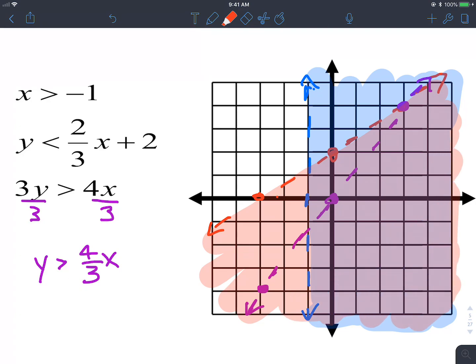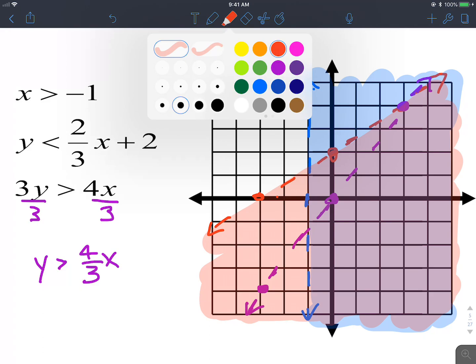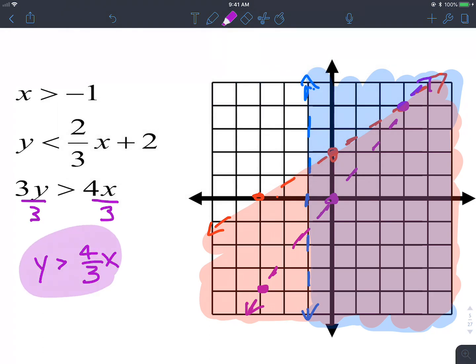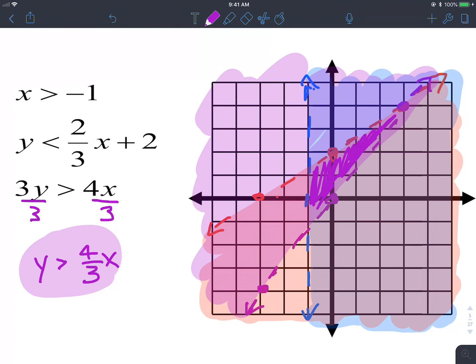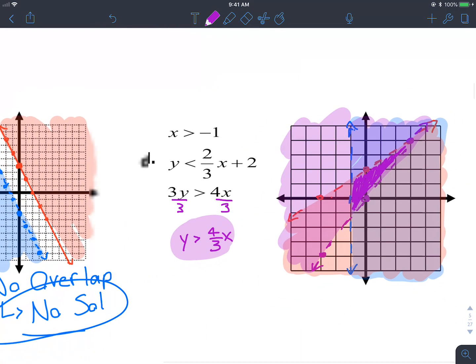And then this last one, y is greater than this purple line. So you're trying to, once again, figure out where all three of them at the same time are overlapping. And that is in this region right here, this triangular region. That is all of the different solutions that you could have right there.